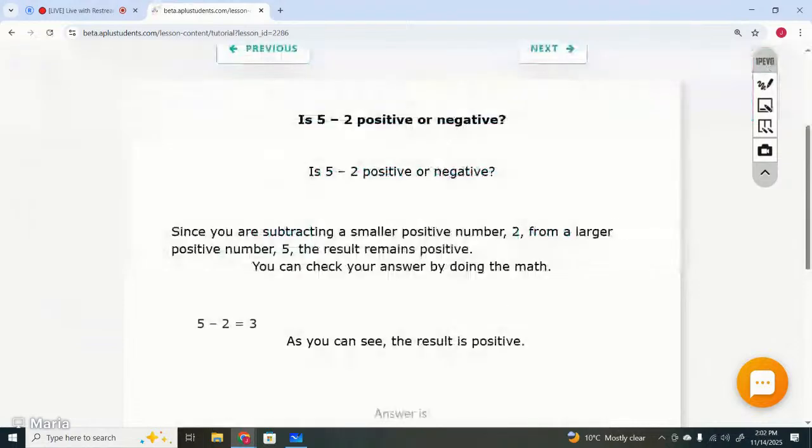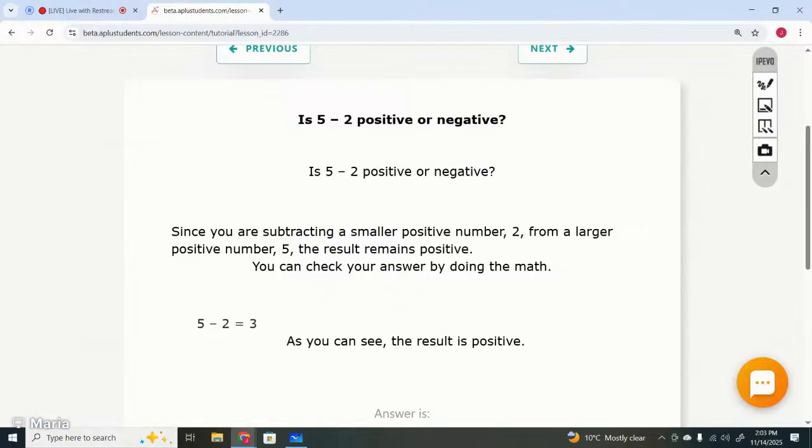Is 5 minus 2 positive or negative? So 2 is a smaller number, right? We are subtracting a smaller number out of the greater one, right? So when we are subtracting a smaller number out of the greater one, the answer must be positive, right?